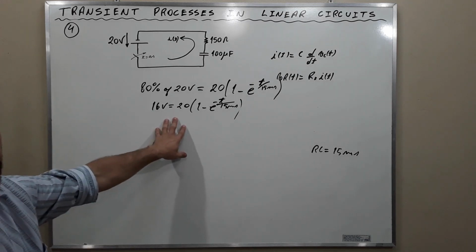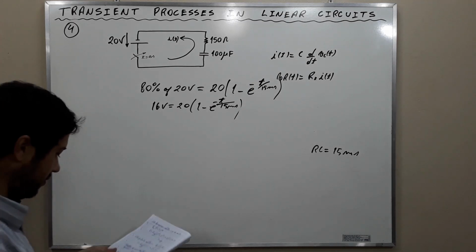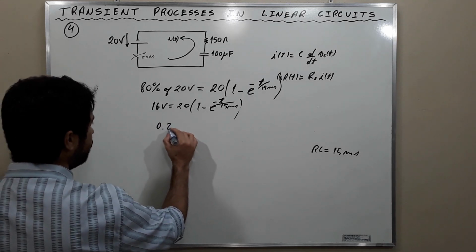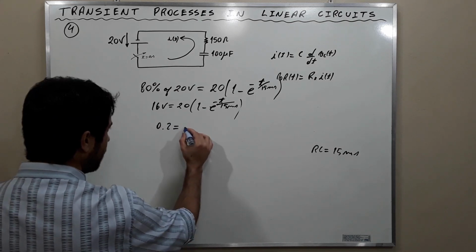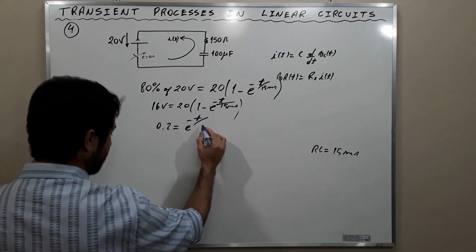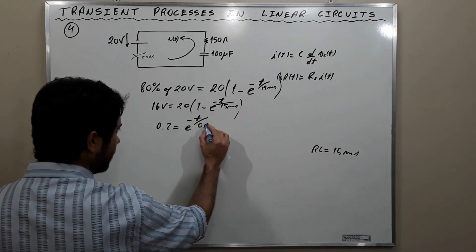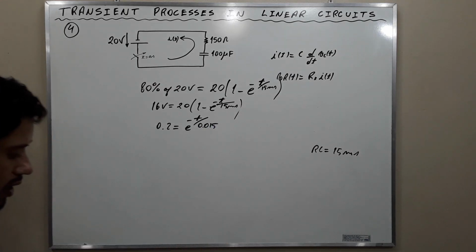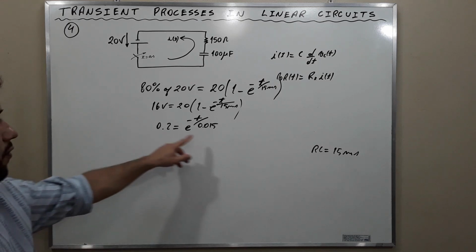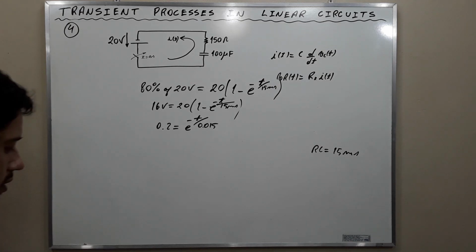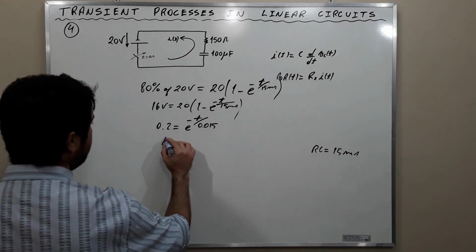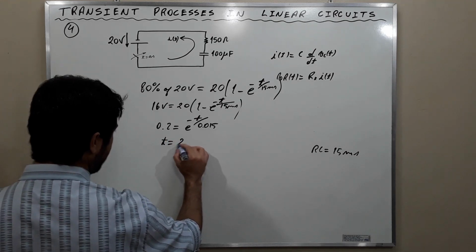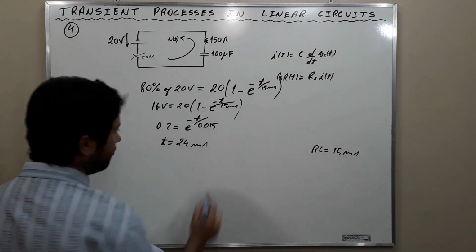We are going to manipulate this and find that 0.2 is equal to e raised to the power of negative t over 0.015. You can use the natural logarithm on both sides, and ultimately you find that t is equal to 24 milliseconds.